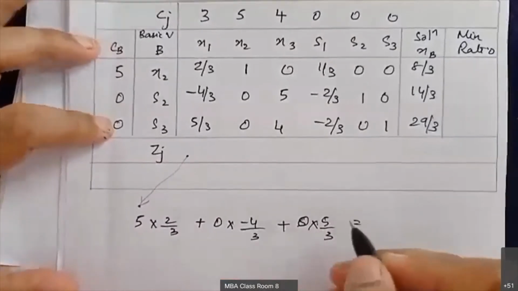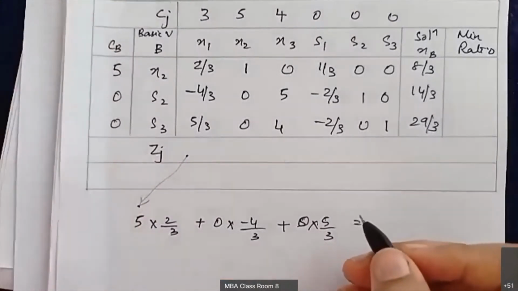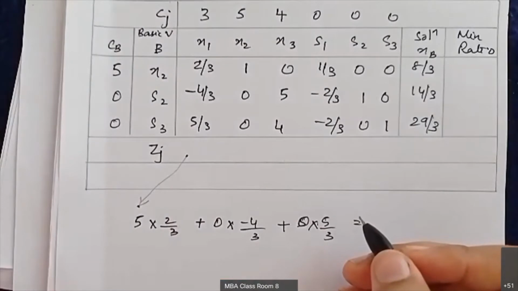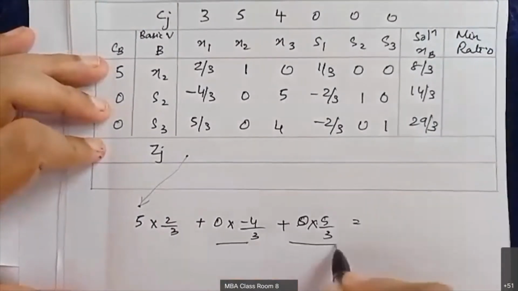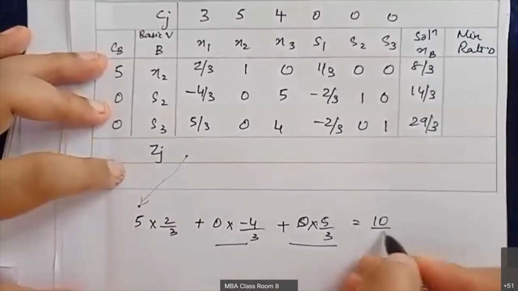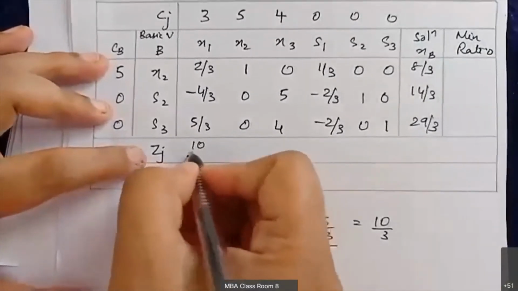What will be the value? This is 10 by 3, so I write the value here, 10 by 3.